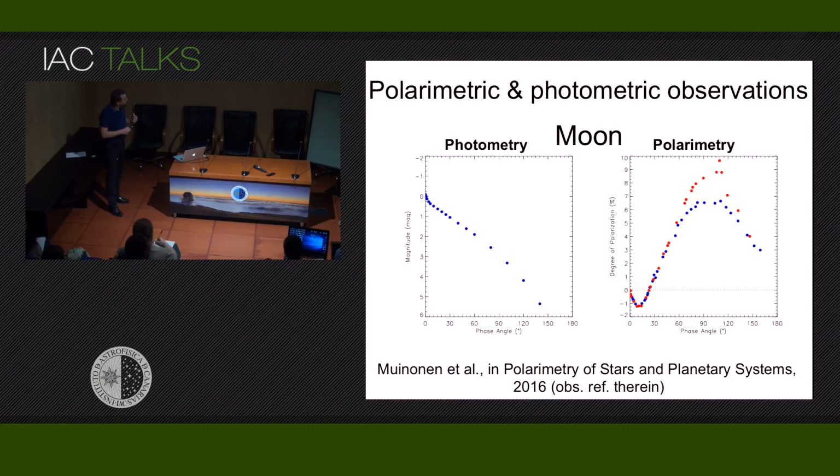Close to the backscattering, within 24 degrees, this polarization turns into the plane of scattering and is negative, which is another interesting phenomenon, accompanying typically the opposition effect. So what is causing that, I'm not going to talk about that today too much.